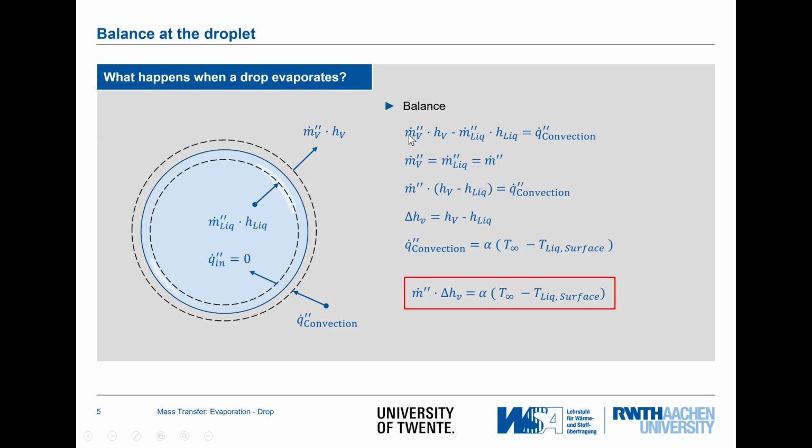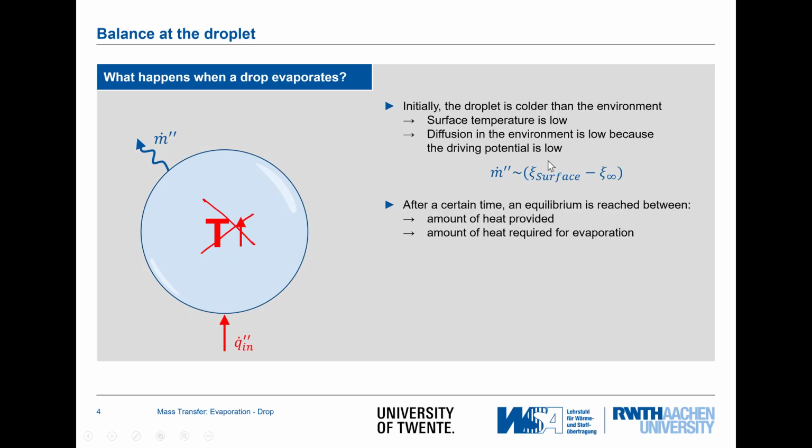Now the balance is the enthalpy flux with the vapor minus the enthalpy flux associated to the liquid has to be what is delivered by convection. Now there is no change in mass, there's just a change in phase, so we can drop the indices for vapor and liquid and just call that m dot double prime, the surface specific mass flow rate.